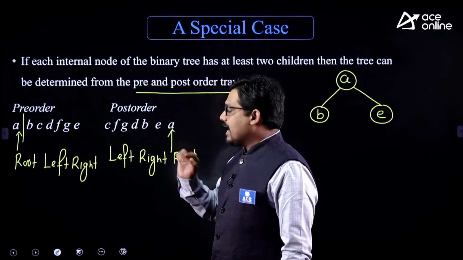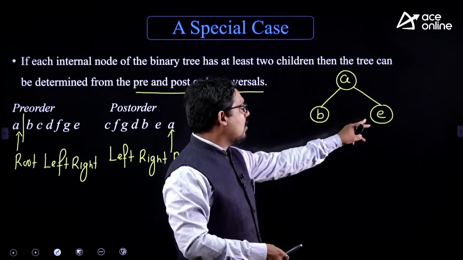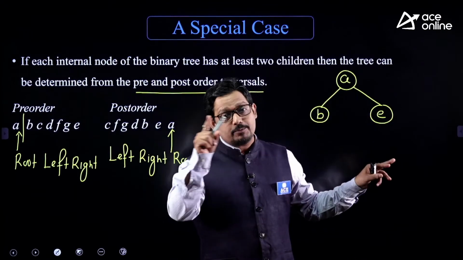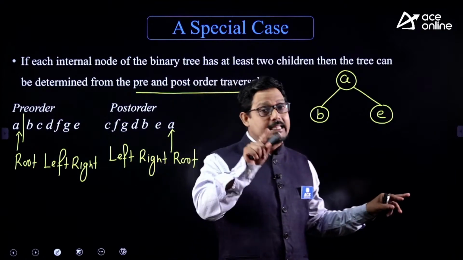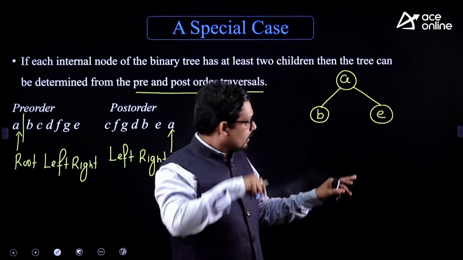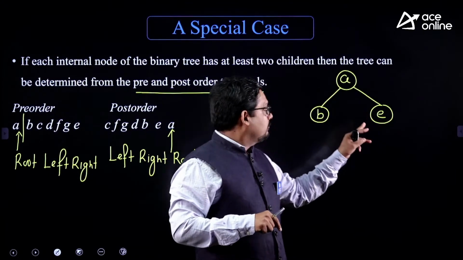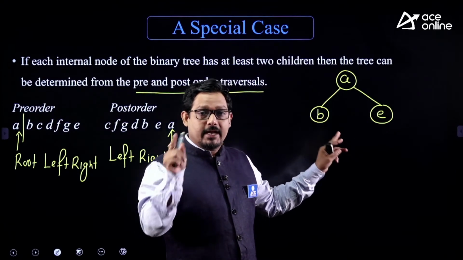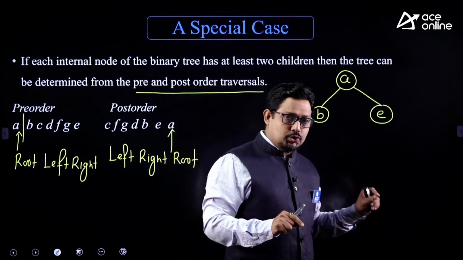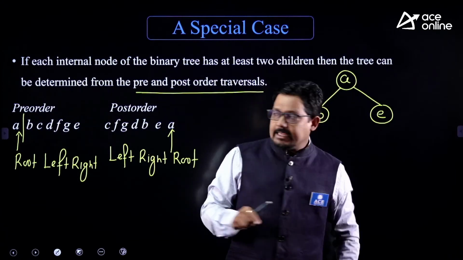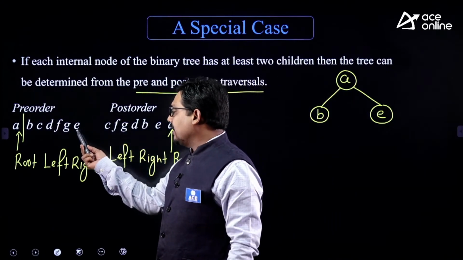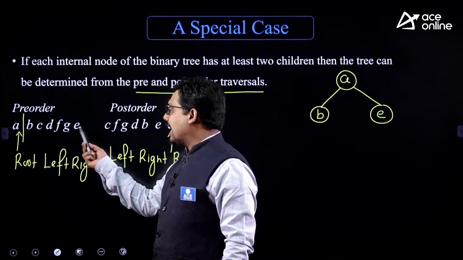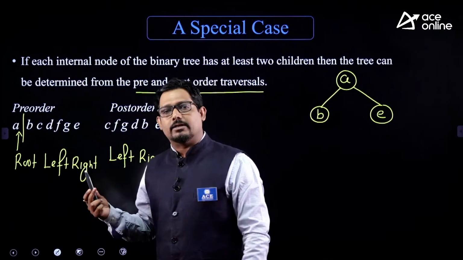That means if there are any children of E, and there must be at least 2 children for an internal node, okay, leaf node we are not saying, internal node, then after E you are going to visit left and right children.